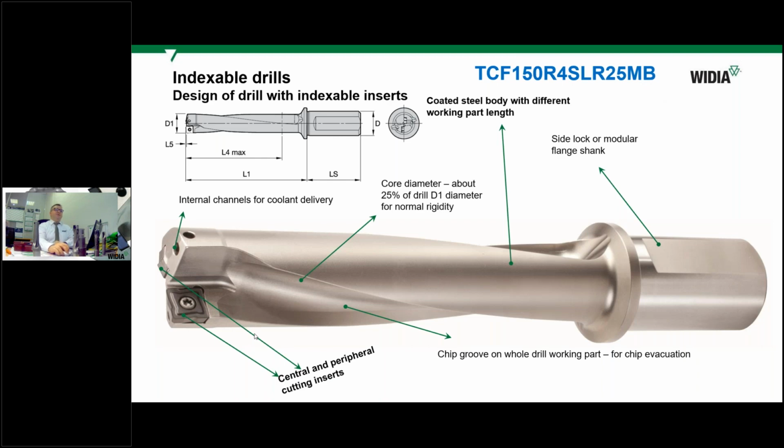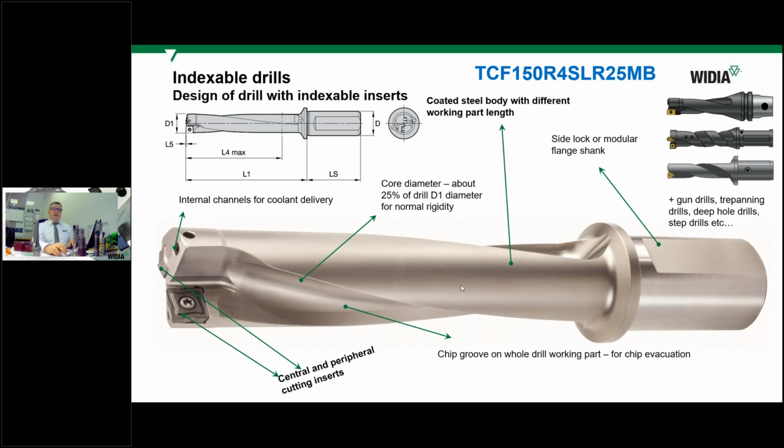So depending on the diameter, indexable drills can use inserts of different sizes too. Not only does the drill body change, but also the insert size. And as I mentioned, indexable drills can be completely different, and differ a lot from what we showed now.